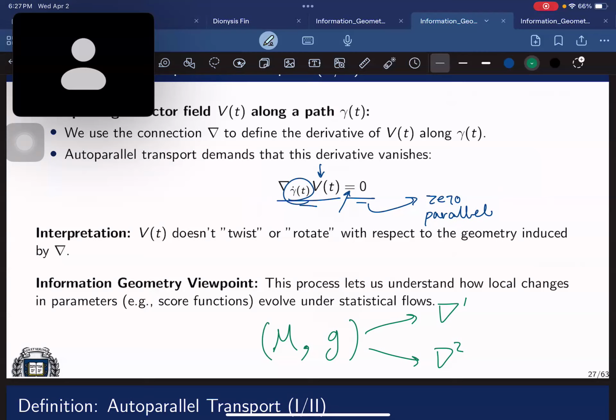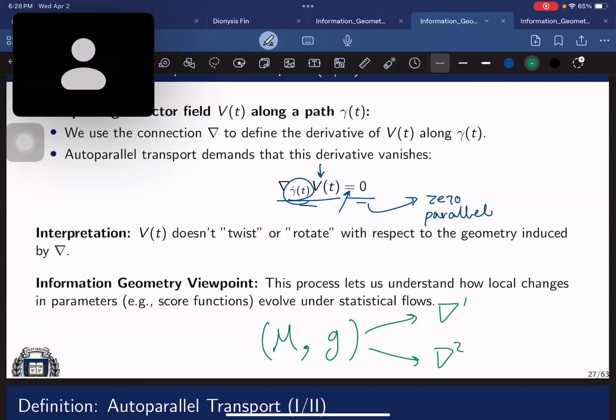Also, do they depend on the choice of coordinates? That's a very good question. We will see that we are just interested in those affine connections that are invariant under the change of coordinates. And we'll see that the geodesics we discussed last session are essentially related to the connections that are invariant under the change of coordinates.